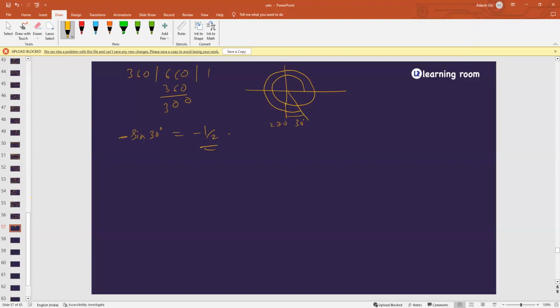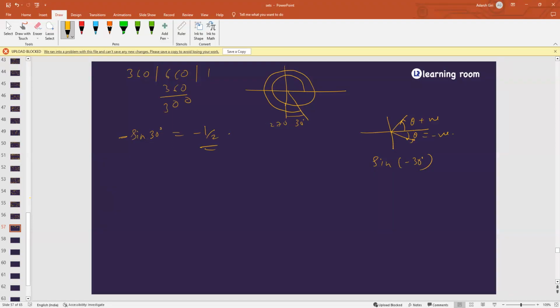One more thing. If somebody asks what is sine of minus 30 degrees? Generally we take angle anti-clockwise to be positive, and if it is going clockwise, then it is negative. So sine of minus 30 degrees means you go clockwise by 30 degrees, so you come to 360 minus theta.